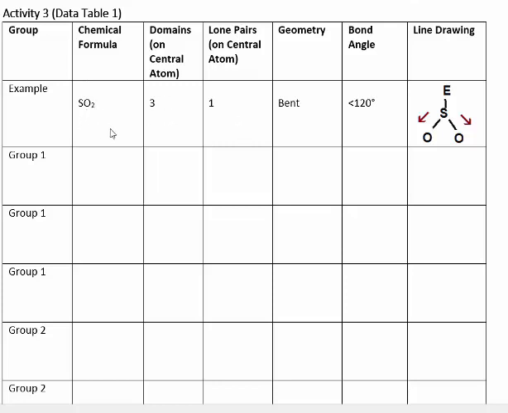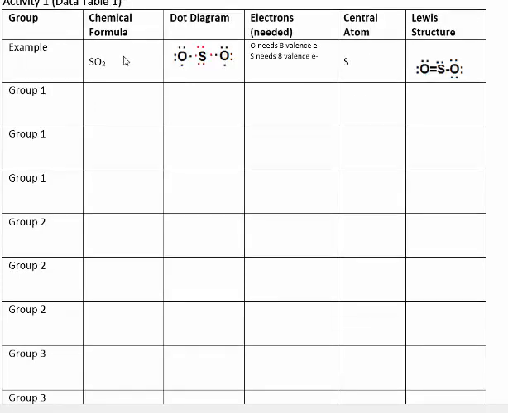And before you even make the model, what I would do is identify the domains or the charge clouds on the central atom and the lone pairs on the central atom. And you do that by looking at the Lewis dot structure that you wrote for activity 1. So in the data table for activity 1, here's my Lewis dot structure for sulfur dioxide.